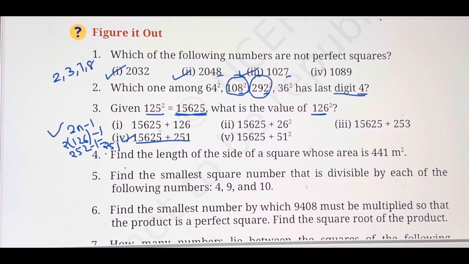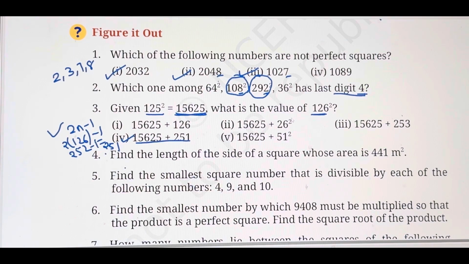There are many options given over here. So if you want to get the square of the next number, like 125 is given and you want to find out the square of 126, you need to double this number because this is the 126th odd number, and one less than that. So double of 126 is 252, one less than that is 251.